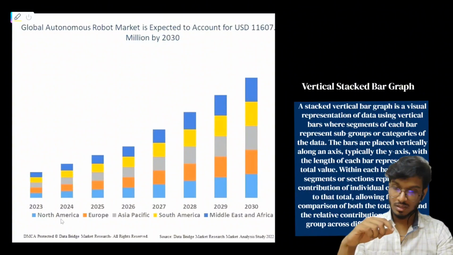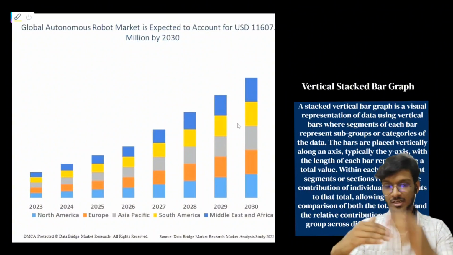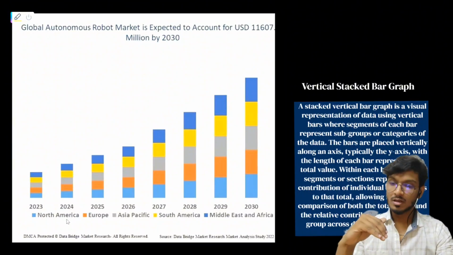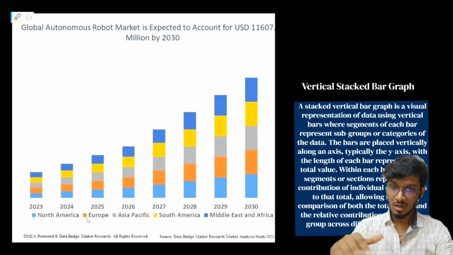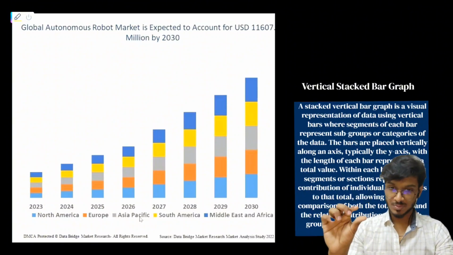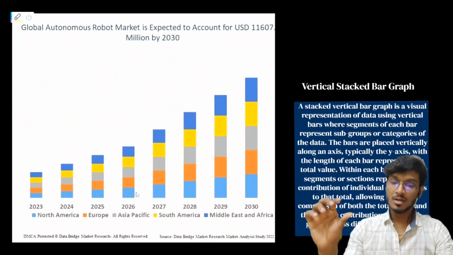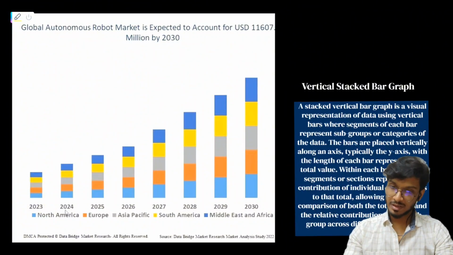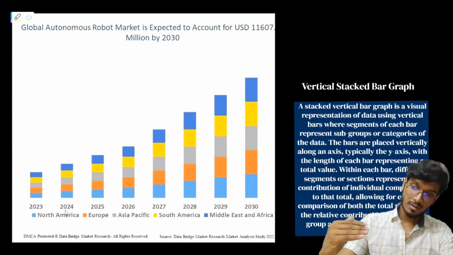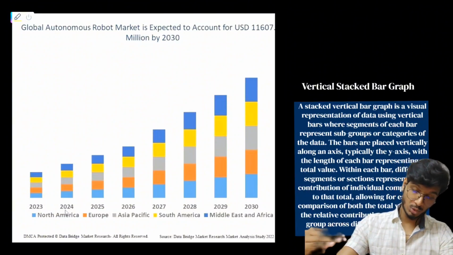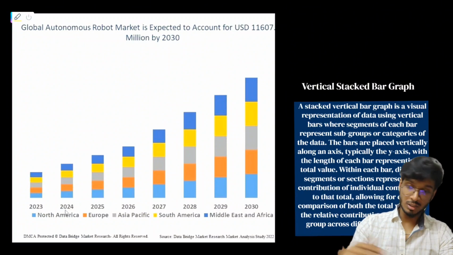For example, here we have separated the different categories by colors. Light blue is North America, orange is Europe, gray is Asia Pacific, yellow is South America, and blue is Middle East. The x-axis shows the years.